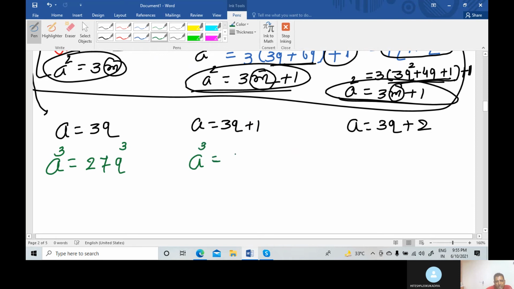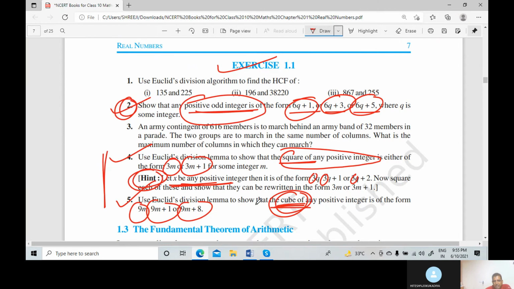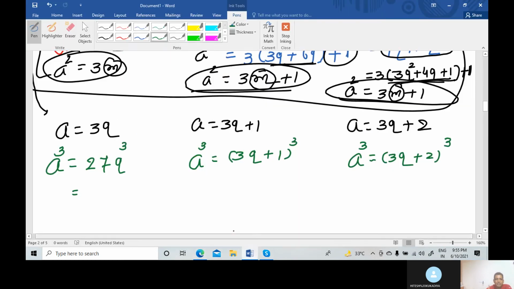A cube equals 3q plus 1 whole cube. And again a cube equals 3q plus 2 whole cube. Now read your question again: show that the cube of any positive integer is of the form 9m. So our target is 9 common.